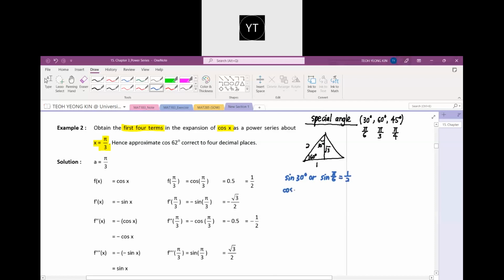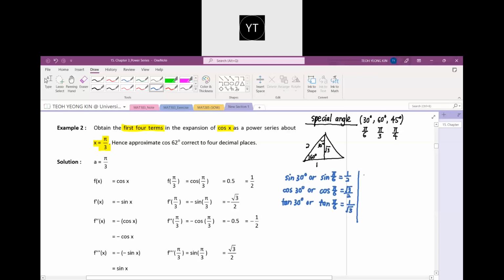Then cos 30 degrees or cos pi over 6, cos is adjacent over hypotenuse, so it's square root of 3 over 2. And then tangent 30 degrees or tangent pi over 6 radian, tangent is opposite over adjacent. So it's 1 over square root of 3. This is for 30 degrees.